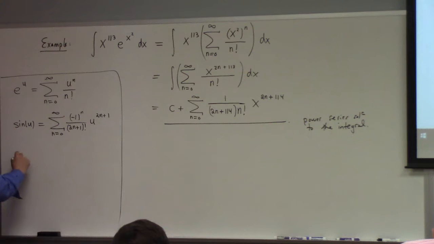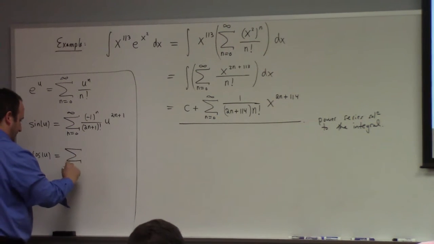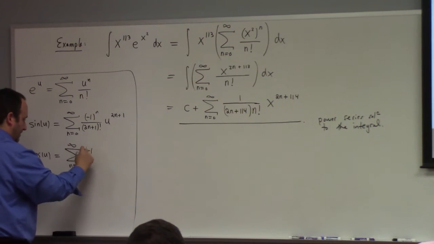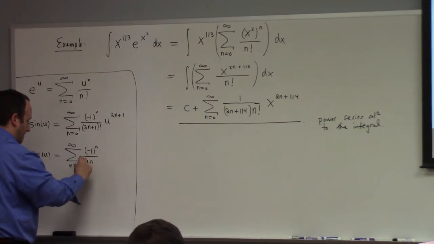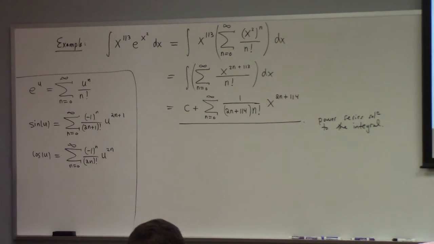Another thing you need to memorize is this. And I could go on; there are about 3 or 4 more things to add to that. But what I was doing there was just using the known Maclaurin expansion for the exponential, plugging in u equals x squared. Does that make sense? And then multiplying by x to the 113th, of course.